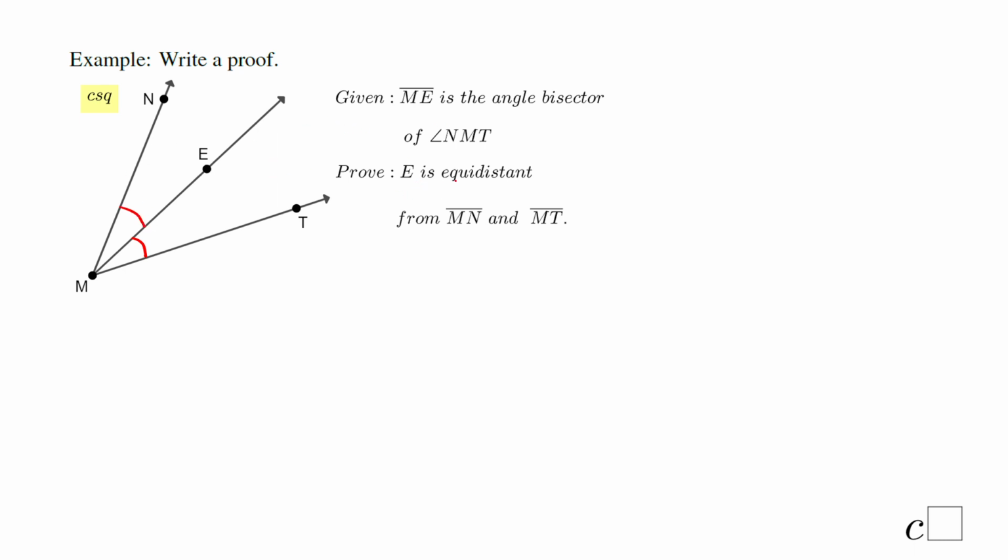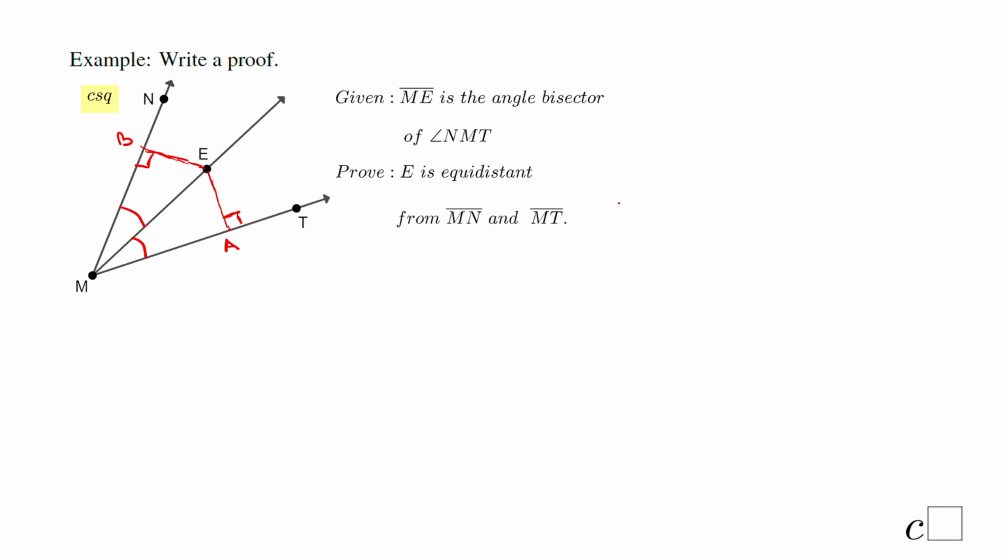Prove that E is equidistant from MN and MT. So let's draw this segment. This is the distance from point E to MT. Let's call it A. And this guy here is another segment, and this is, let's say, B. We need to prove that these two segments are congruent.